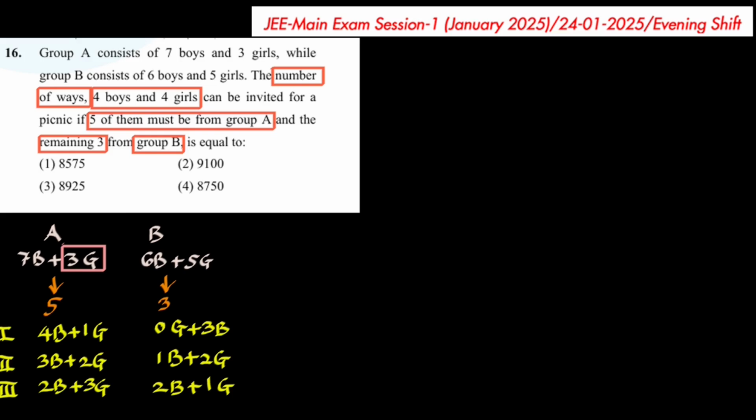Now we will calculate combinations from each group. For case 1, 4 boys from 7 boys, 7C4, into 1 girl from 3 girls, 3C1, into 0 boys from 6 boys, 6C0, into 3 girls from 5 girls, 5C3.